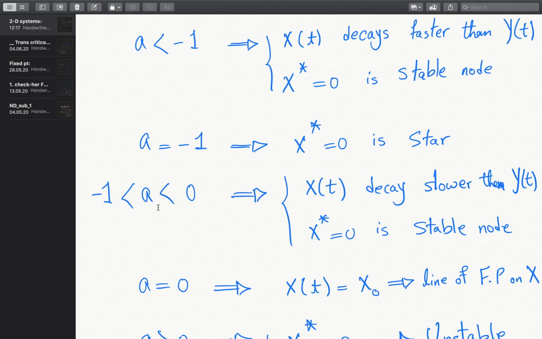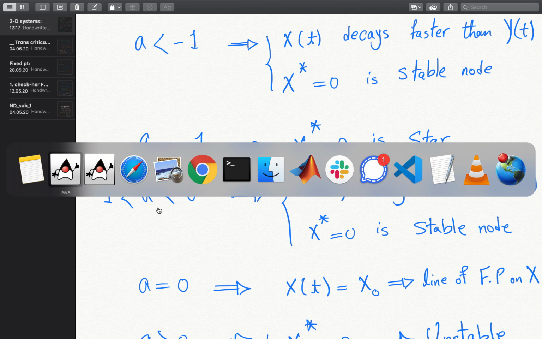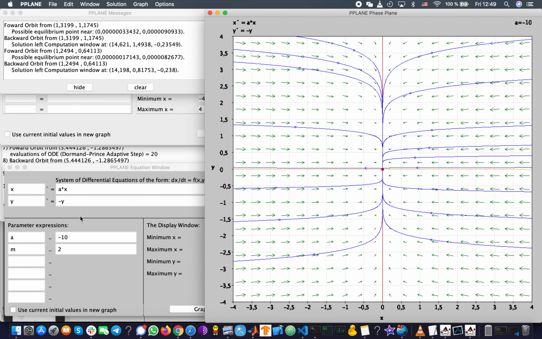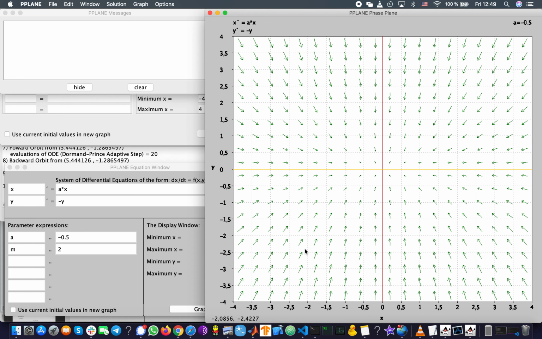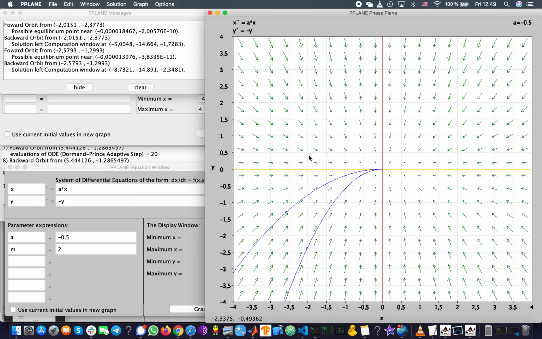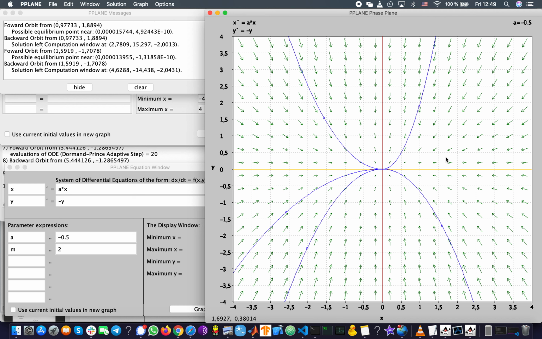And if a is between -1 and 0, what kind of behavior can we see? We can see a completely different shape here.